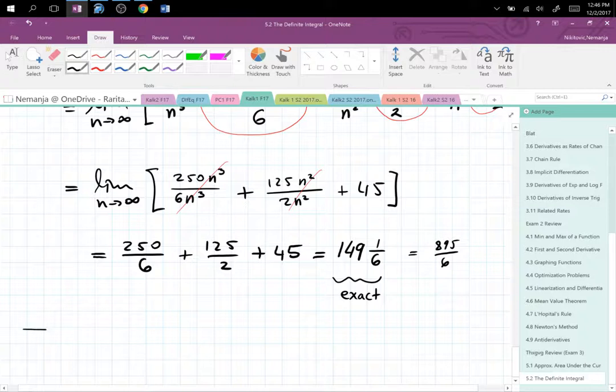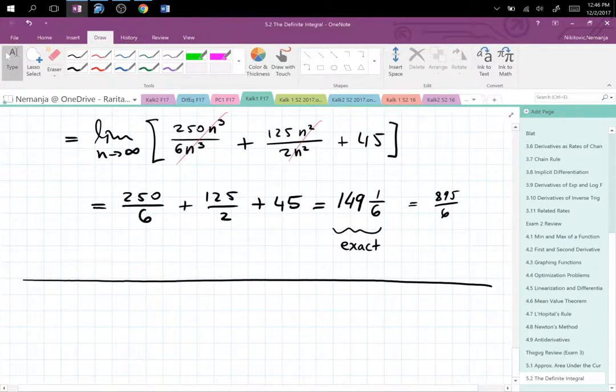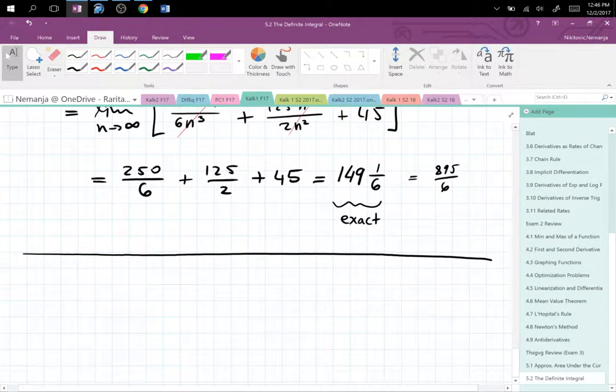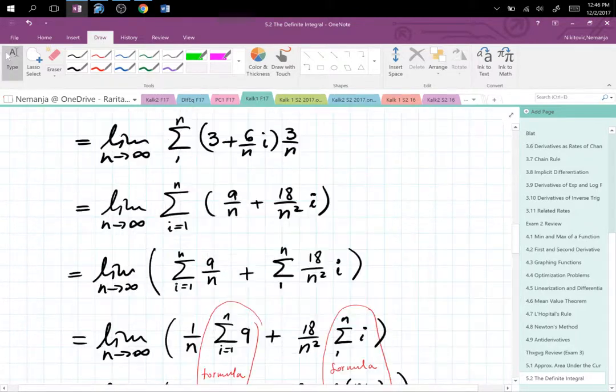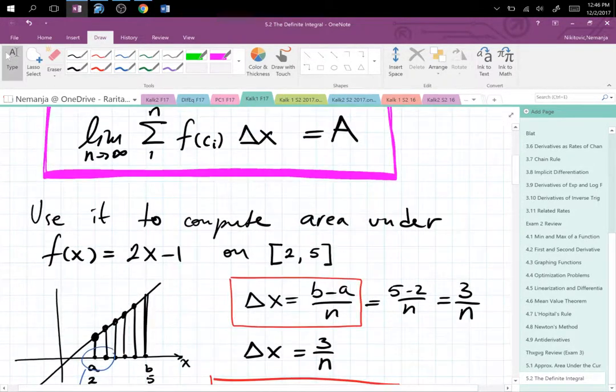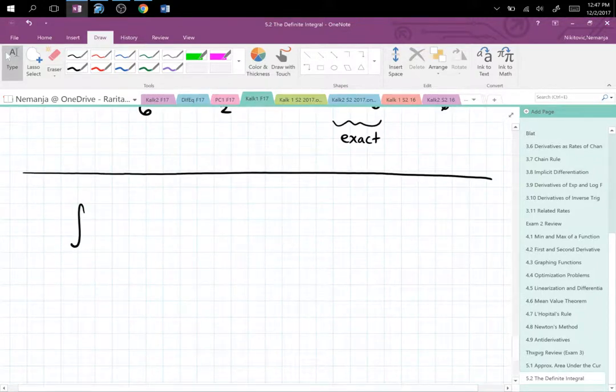So, let's try something else. Integral (2x minus 1) dx from 2 to 5.